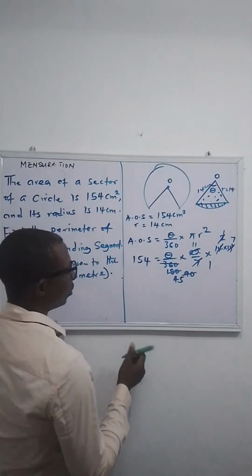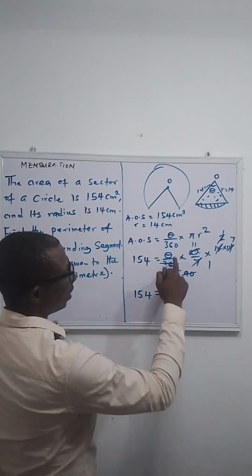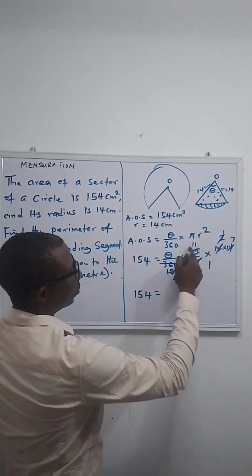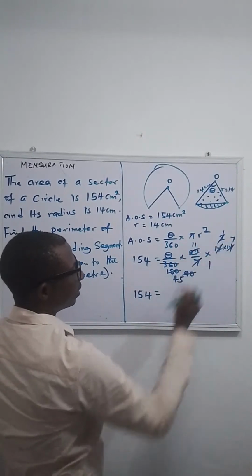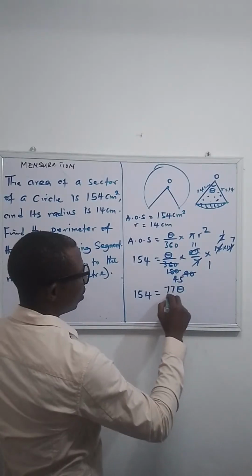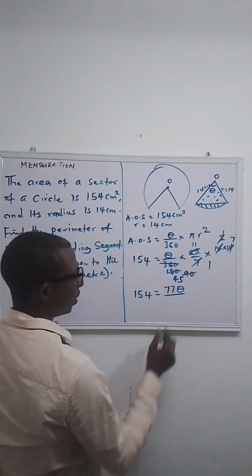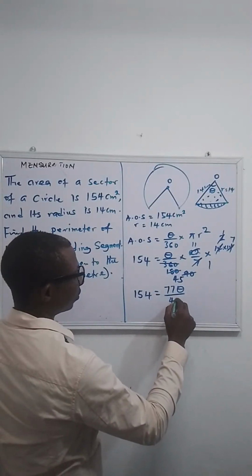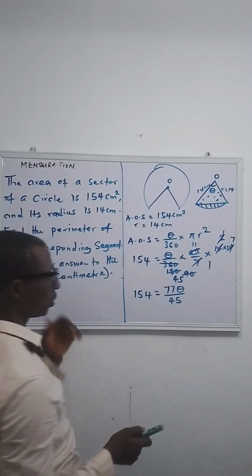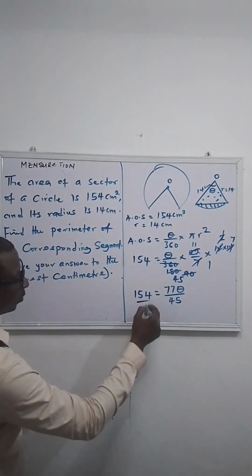So now let's tidy it up. So we have 154 equals to, so let's multiply this and this. So we have 11 and 7 theta. So that is going to give us 77 theta over, so we have 45 and 1 here. So 45 times 1, that's 45. So here you can divide or cross multiply before you divide.